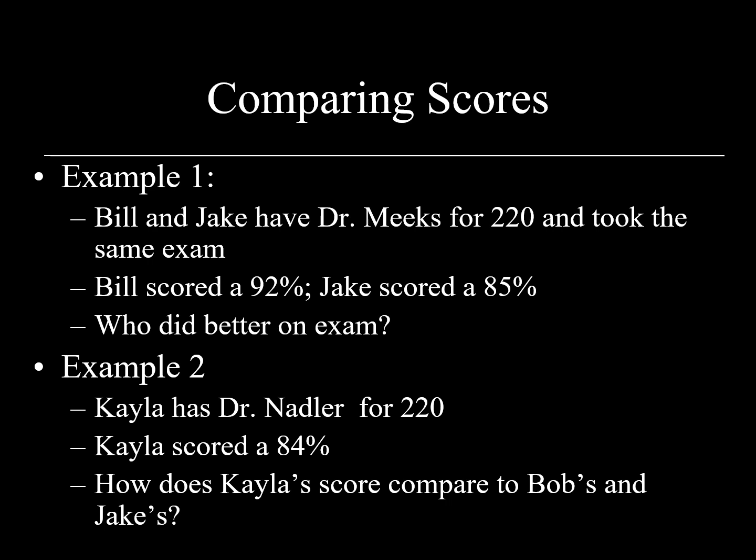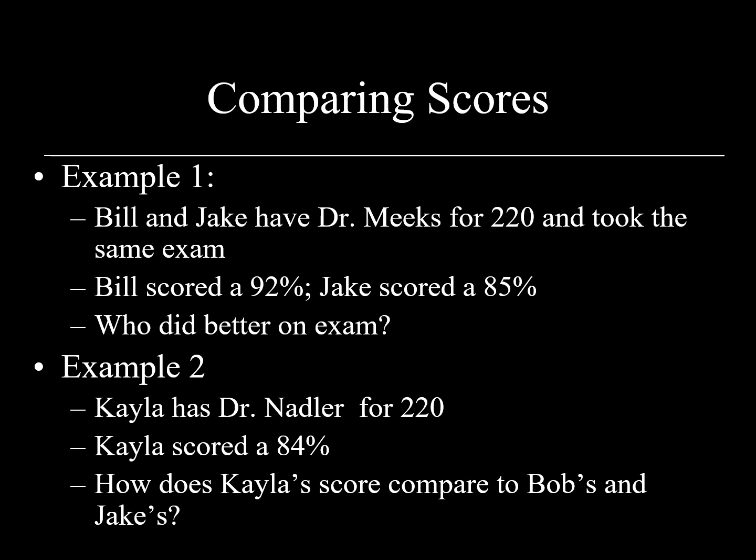However, if we ask the question, how does Kyla's score compare to Bill and Jake's, we need more information. We need to know what the actual distributions of those two tests were, how difficult they were. For example, maybe Dr. Meeks is a better instructor than Dr. Nadler, or vice versa. Maybe one of them had a harder test. Maybe one of them tested at a different time where there were different constraints on people's performance.